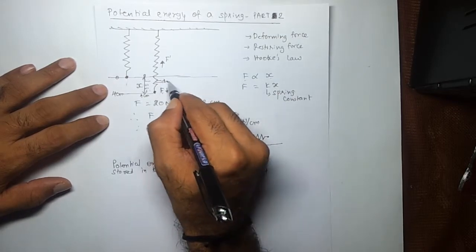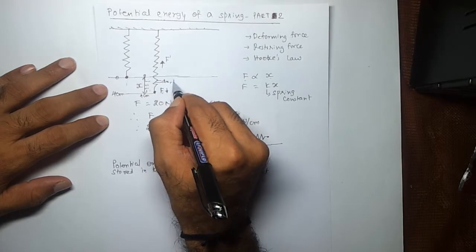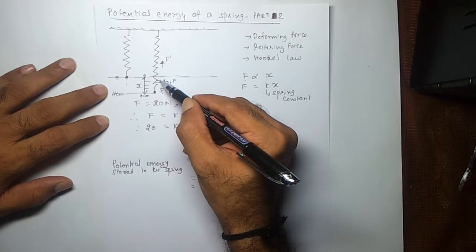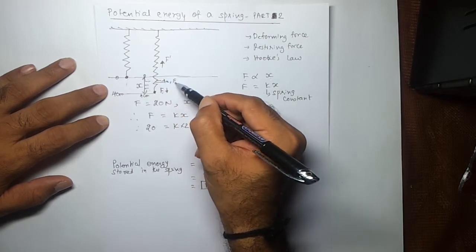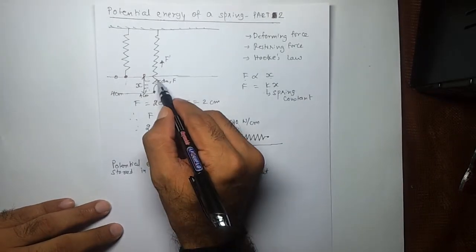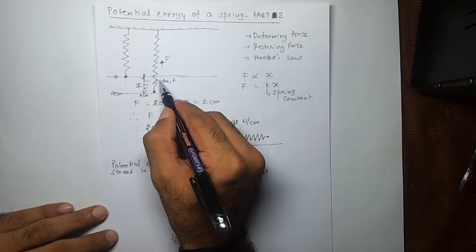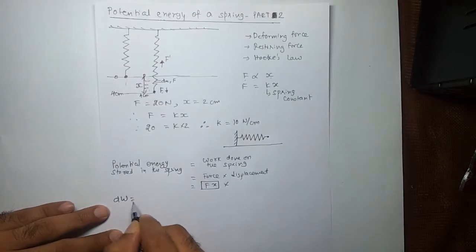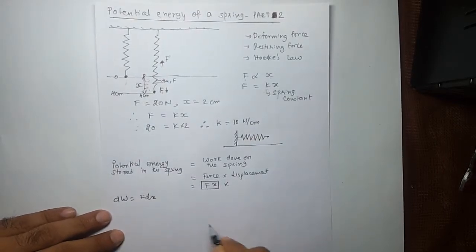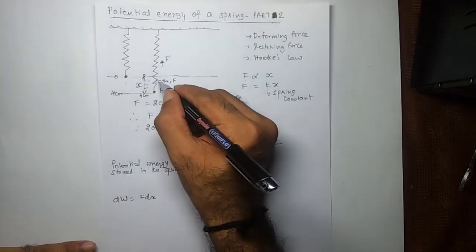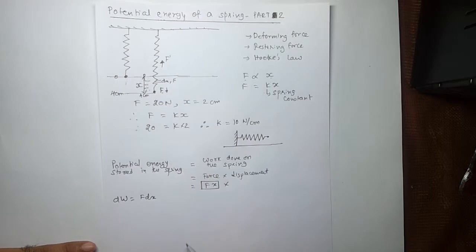And let us say for this elongation to happen, the force applied is F. Since this elongation is extremely small, this force can be taken as constant, and therefore the small amount of work done for this elongation dx will be given by dW = F dx. So this is the amount of work done for the small displacement dx.